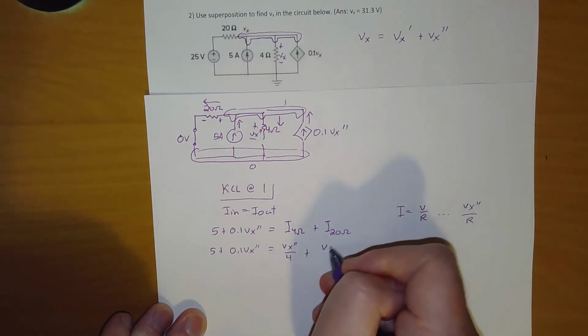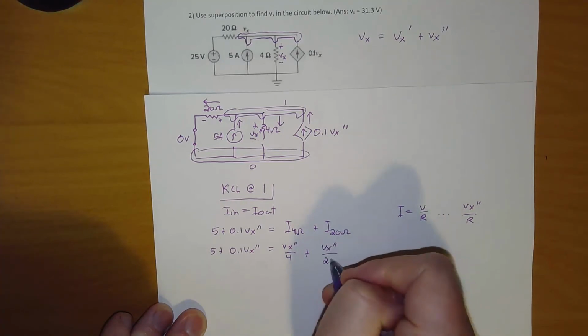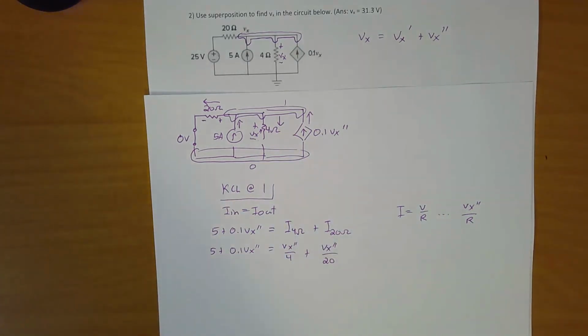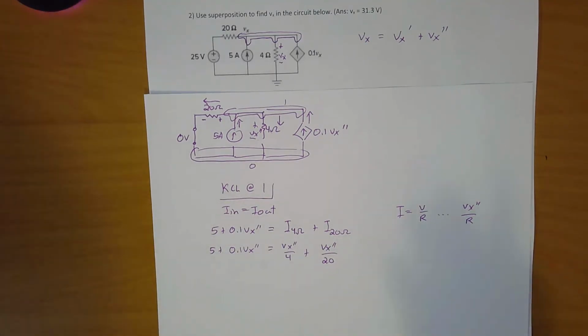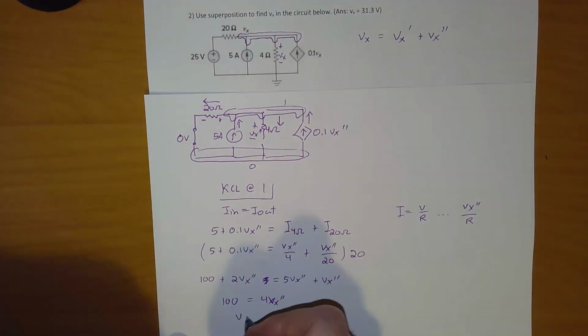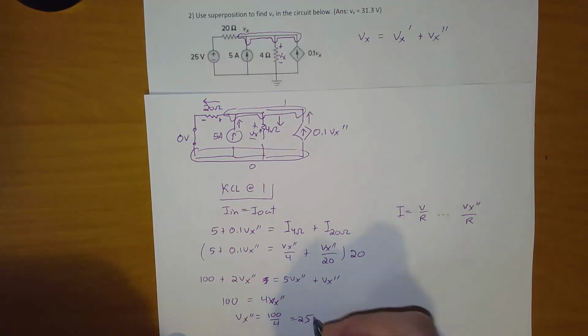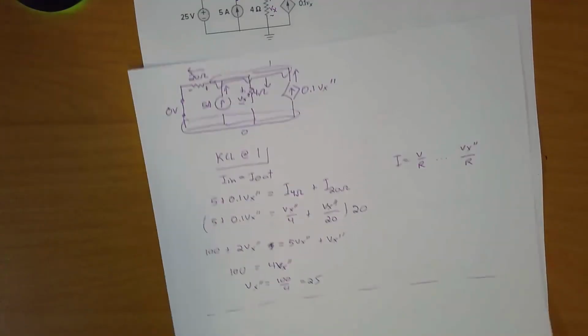For this one, it's going to be Vx double prime divided by that 20 ohms. In this case, you have done all of the circuits and you're just doing algebra. Vx double prime is equal to 100 over 4, or 25.